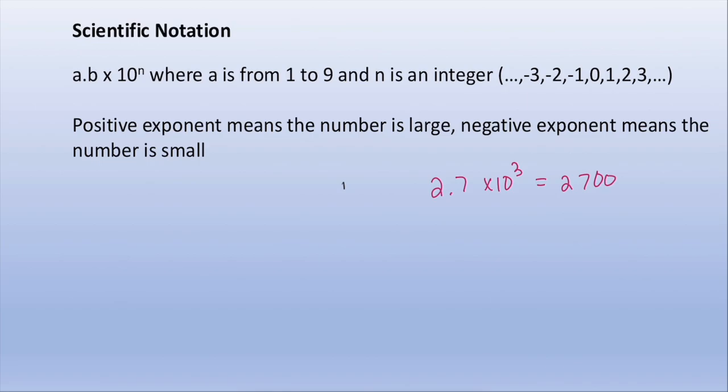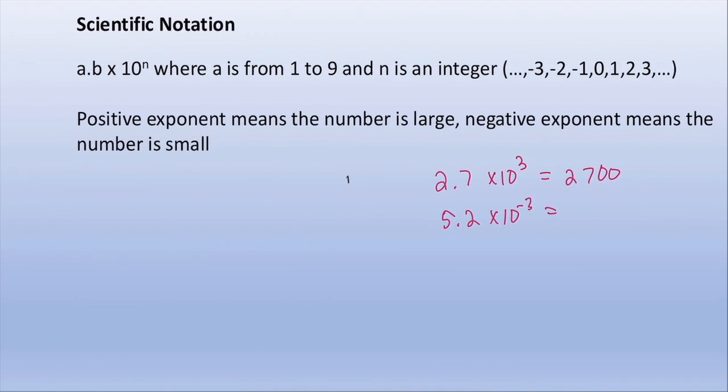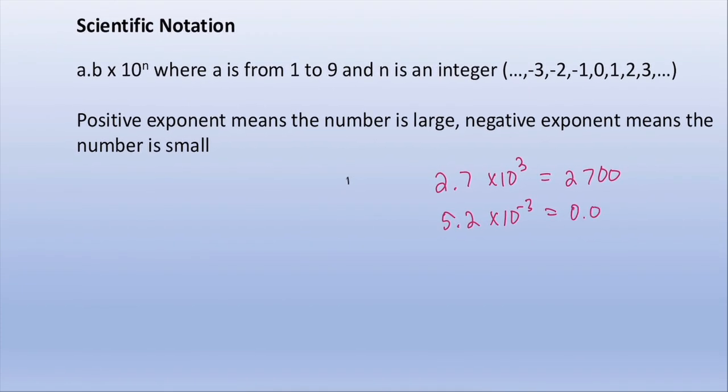See how that positive exponent means that it's a larger number. And then if we see something like 5.2 times 10 to the negative third, that means it's a smaller number. We actually divide by 1,000 instead of multiplying. And we'll get into that more in a little bit. And that's that number.